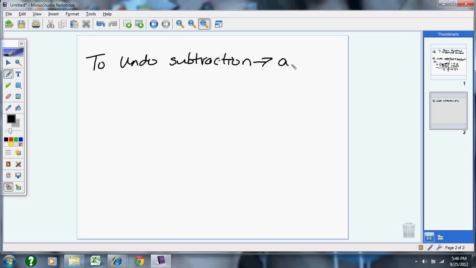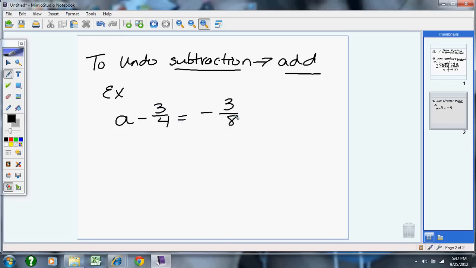We are going to add. Your example is a minus 3/4 equals negative 3/8. We see subtract, so the opposite is to add.